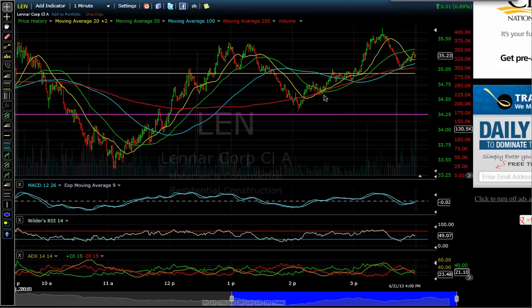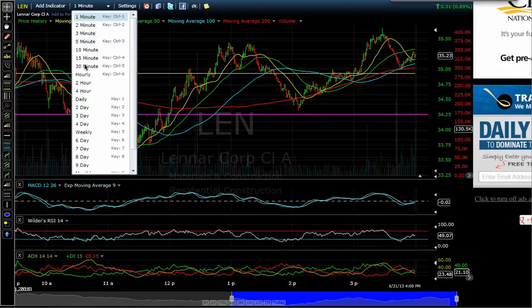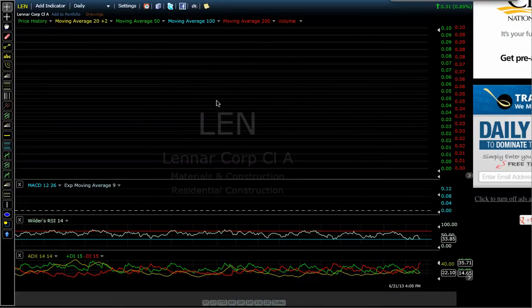I'll let you know if I get in long on Lennar. If I do swing trade, or when I do swing trade, I make sure I swing trade near the money. So if the stock is trading at the 35 price level, I make sure I get the 35 strike.